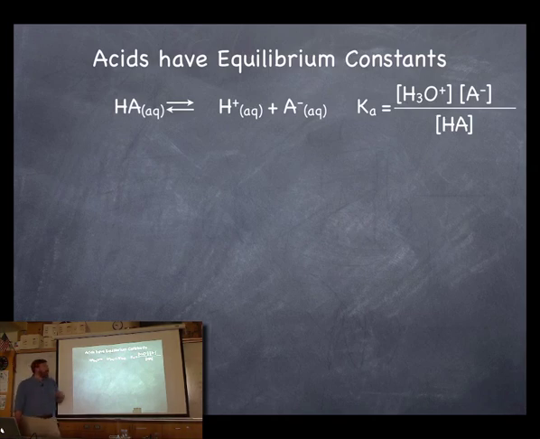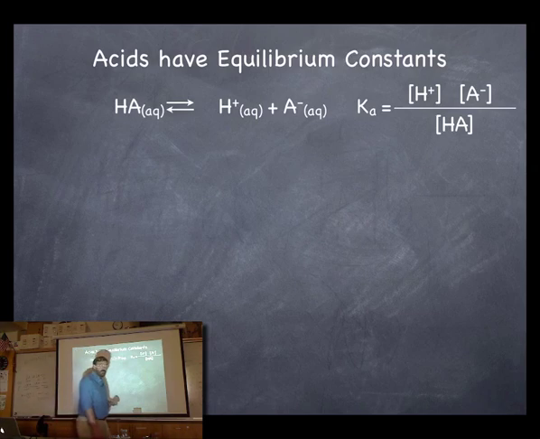If we did that, the only change we need to make is change this hydronium into simply a hydrogen ion. Now we have our acid dissociating, our acid dissociation constant. This is still an equilibrium process. It's going to be governed by a Ka value.